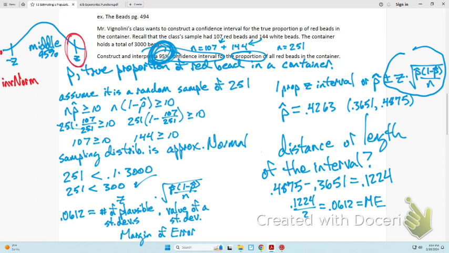So don't forget, we have 0.025 area there, and we have 0.95 area here. So if I type in an area of 0.975, I'm going to get the critical Z value of 1.96.